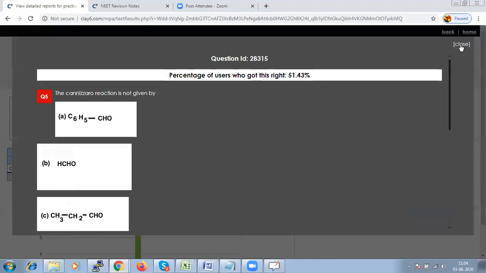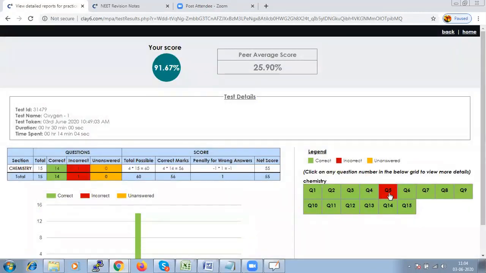So in this way you can get an explanation of the answer if you have gone wrong, and there is no hard and fast rule that you need to take the test only one time. The test can be taken any number of times until you are confident about that particular chapter, as well as the test and all the questions.